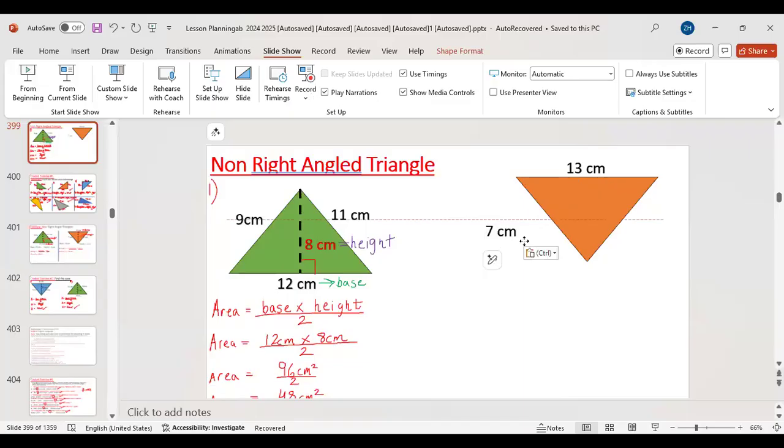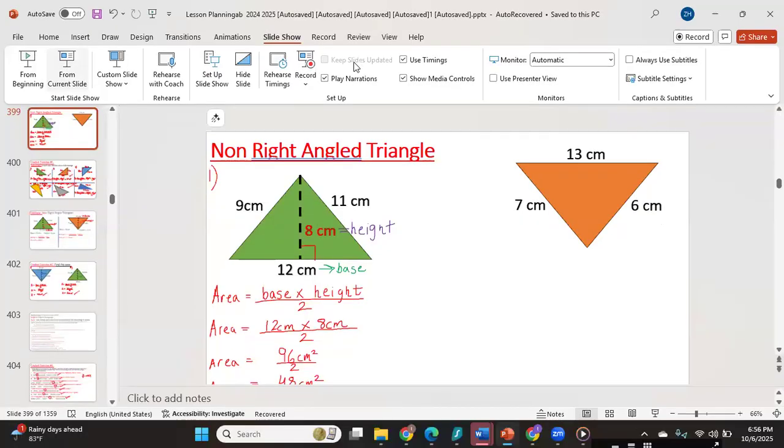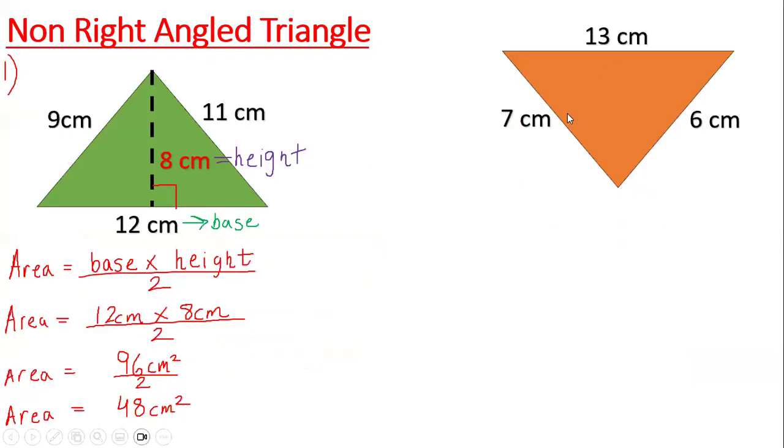Let's say that this side is 7 centimeters, and the other side is 6 centimeters. Okay, good. So I have 13 centimeters, 7 centimeters, and 6 centimeters.